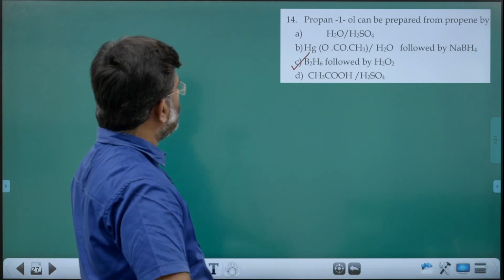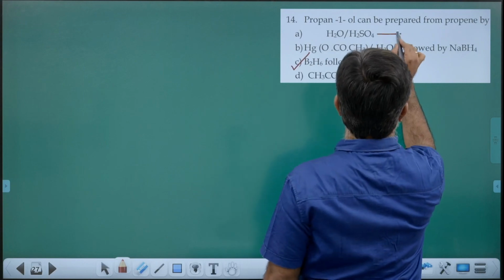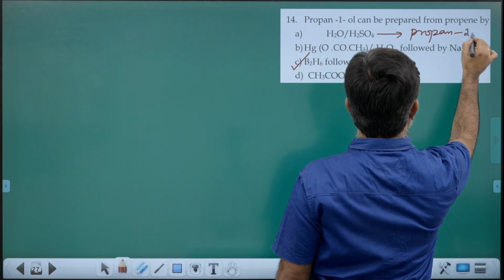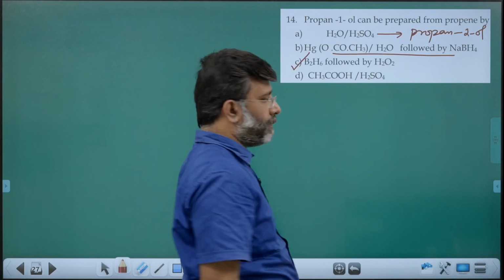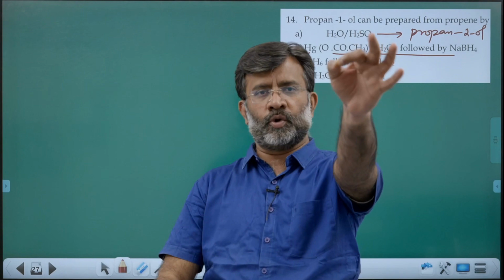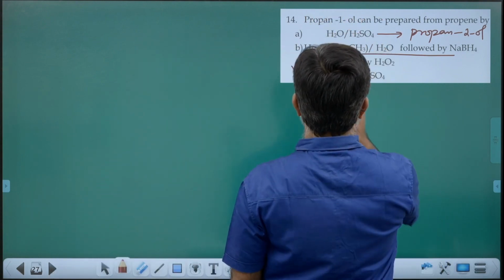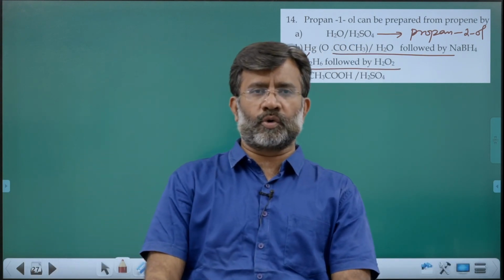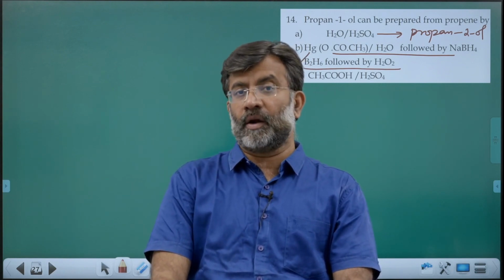The first one, acid catalyzed hydration, gives propan-2-ol according to Markovnikov's rule. Option B, oxymercuration-demercuration, gives a product similar to Markovnikov's rule, propan-2-ol. And the correct answer is B2H6 followed by H2O2 with NaOH. The product obtained is propan-1-ol.